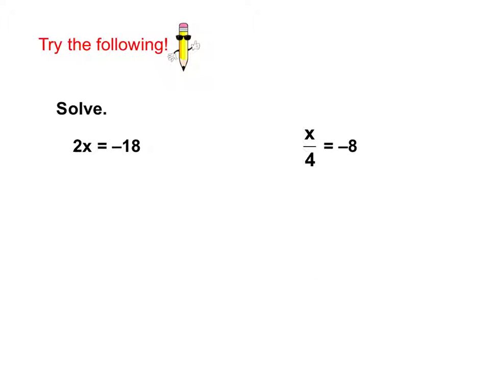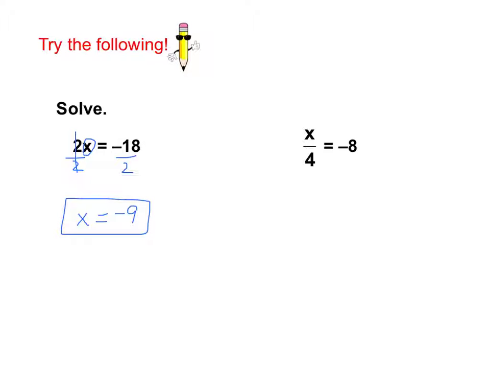Go ahead and pause the video and try each of the following problems on your own. Here this is a multiplication problem. So I want to save the x. Instead of multiplying by 2, I'm going to divide by 2. 2 over 2 equals 1. Negative 18 divided by 2 is negative 9.